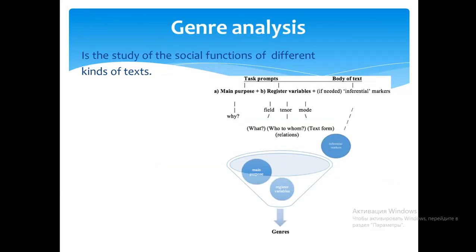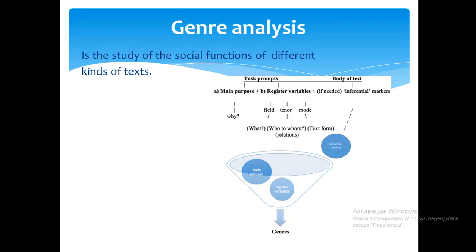Different patterns of texture are associated with different types of texts. Newspaper articles, for example, tend to favor particular kinds of cohesive devices and are structured in a conventional way, with a summary of the main points in the beginning and with the details coming later.